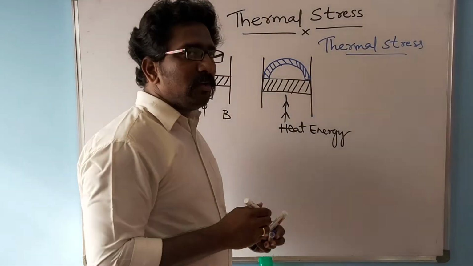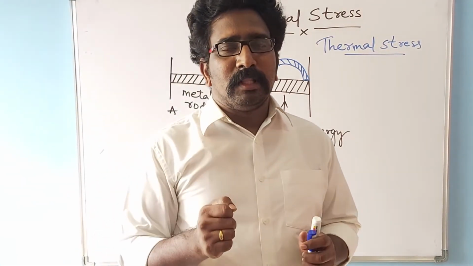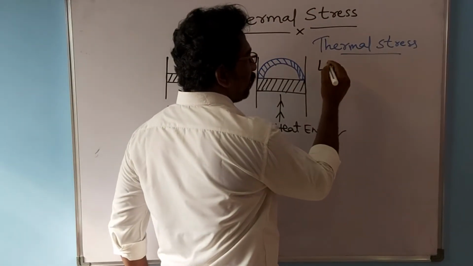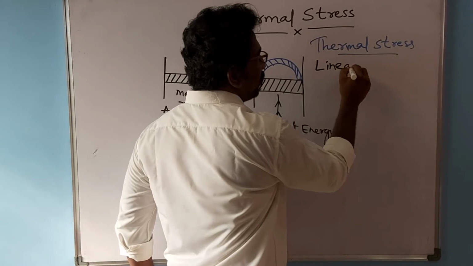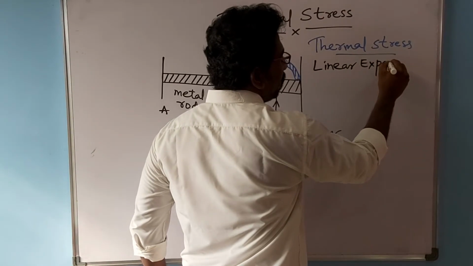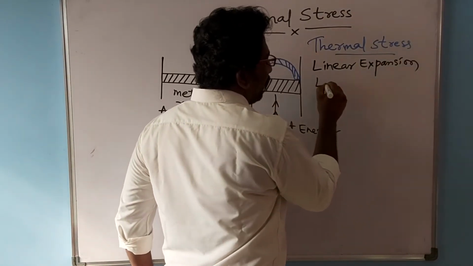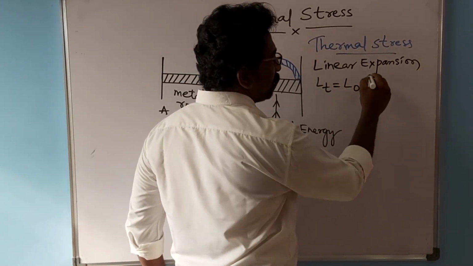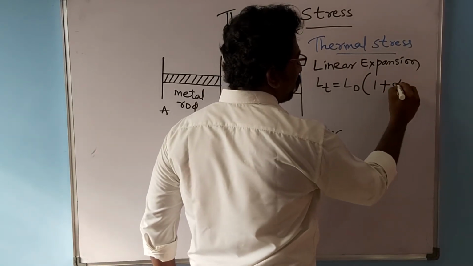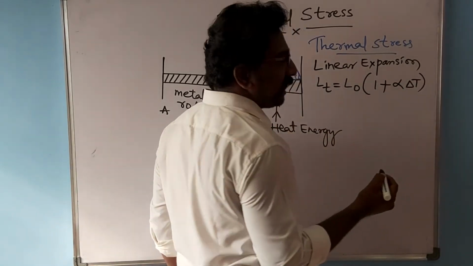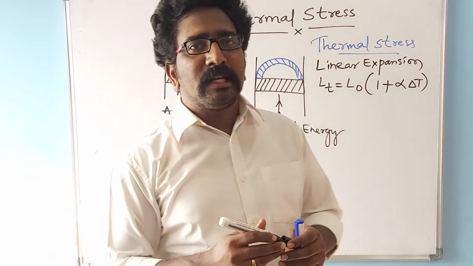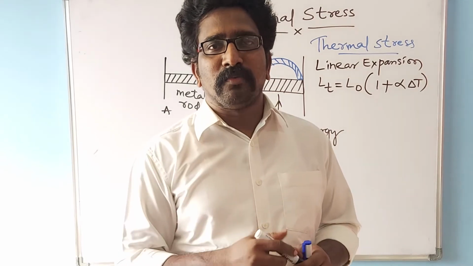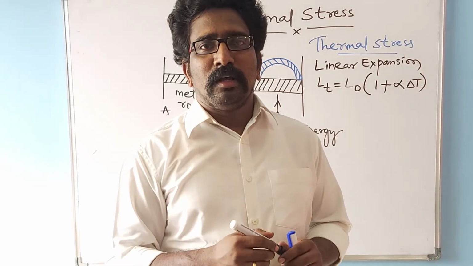And we know the formula for one type of thermal expansion, that is linear expansion. The formula is L_T, the length of a rod after heating, is equal to the original length of the rod before heating, times 1 plus alpha delta T. Linear expansion is an expansion of a substance in terms of length when it is subjected to high temperature.